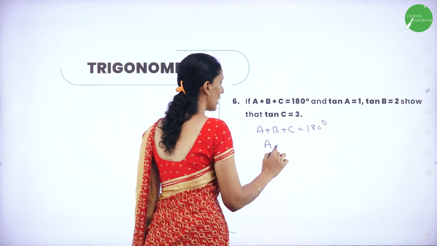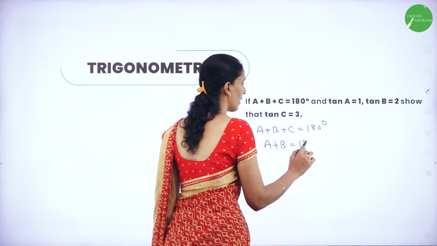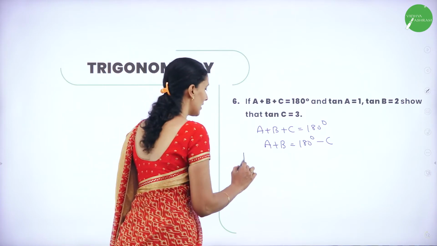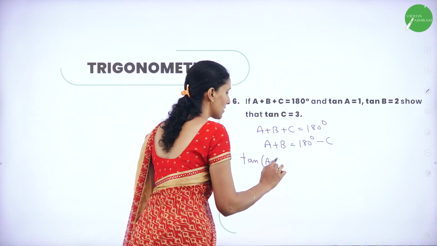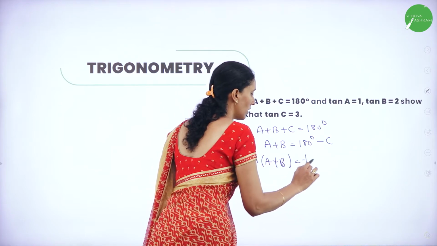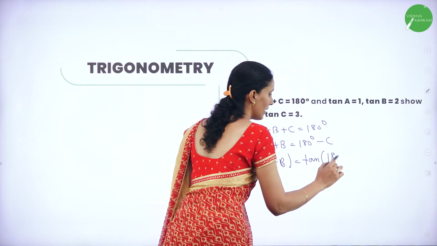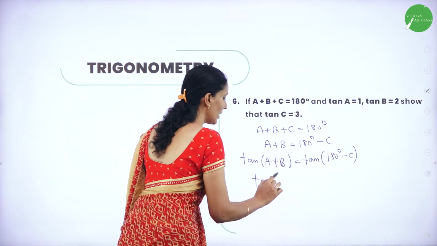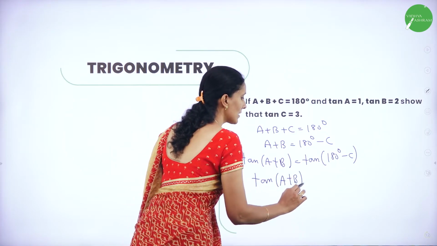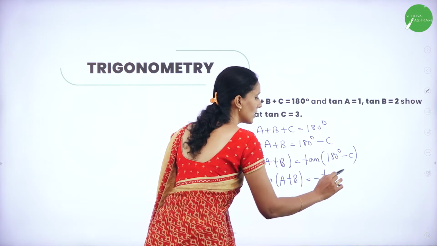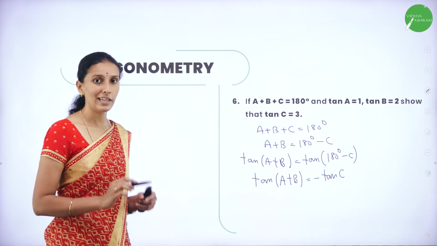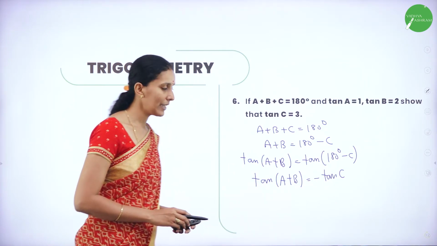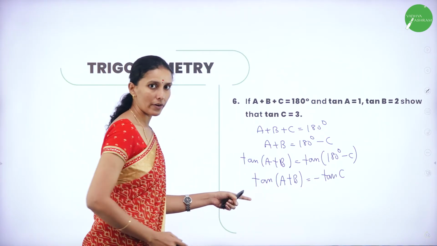So therefore, A plus B can be written as 180 minus C. Apply tan on both sides, then it is tan(A plus B) which is equal to tan(180 minus C). We have learnt this. We can directly write tan(A plus B) as minus tan C, because in the second quadrant tan function is negative. So skipping this step, we can also write this directly.